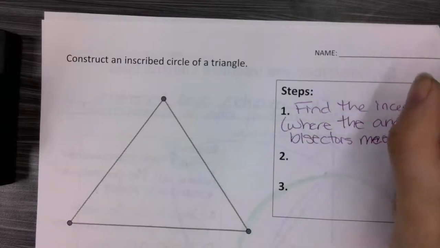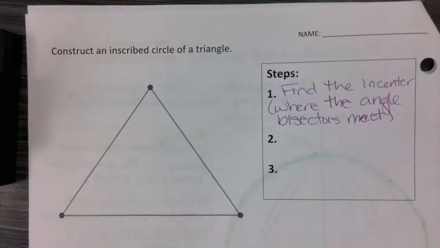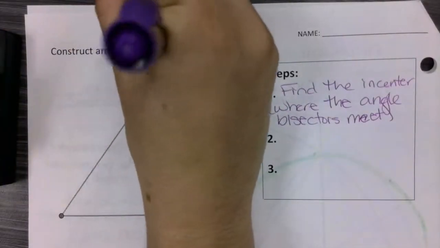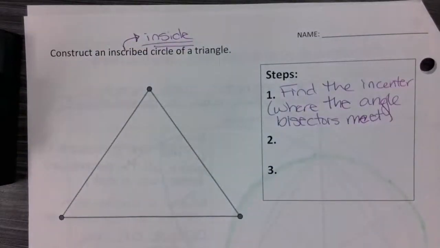That is an ugly E. So inscribed means it's going to be inside the triangle when I'm done. This one should be a lot smaller than the one from the front.